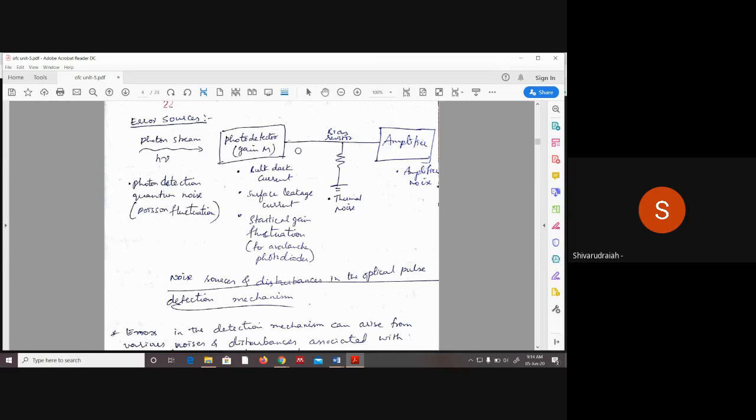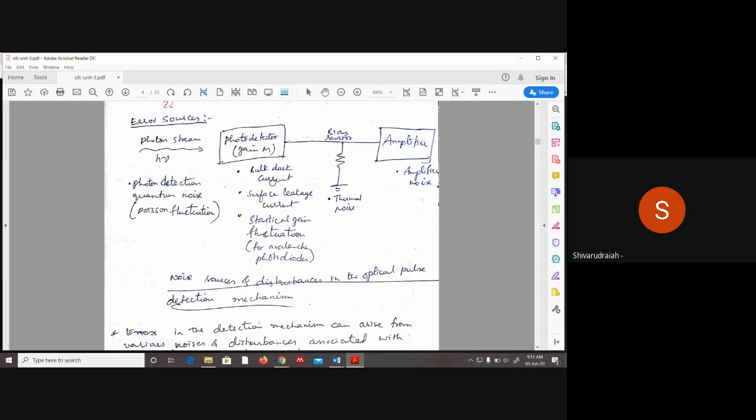Okay, and we have a resistor which is connected between the photodetector and the amplifier. The resistor is going to act as a bias resistor here, and it is going to introduce a noise called thermal noise. Okay, so we have thermal noise, photodetector quantum noise, and the amplifier is going to introduce its own noise called amplifier noise.